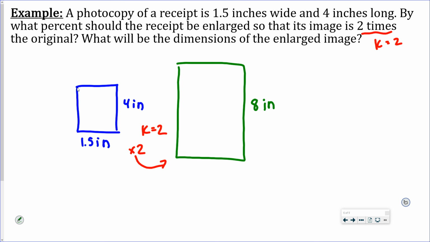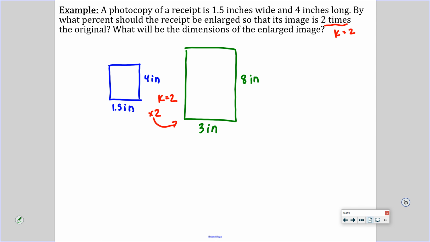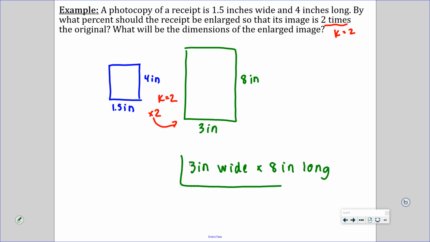What's 1.5 times 2? 3. So this answered their second question. What will the dimensions of the enlarged image be? 3 inches wide by 8 inches long. However you want to write that, you can write it out in words if you want, or you can write it like that. Make sure you include units though, 3 inches and 8 inches. There are some new dimensions.